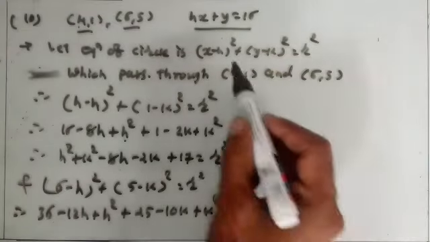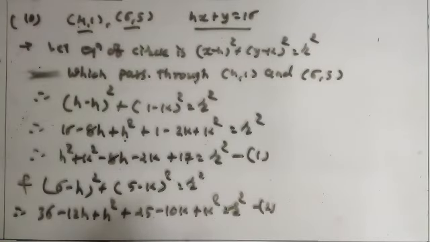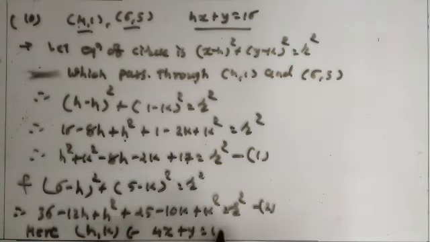And the center of this circle (h, k) lies on this line 4x plus y is equal to 16. Here (h, k) belongs to 4x plus y is equal to 16, given.